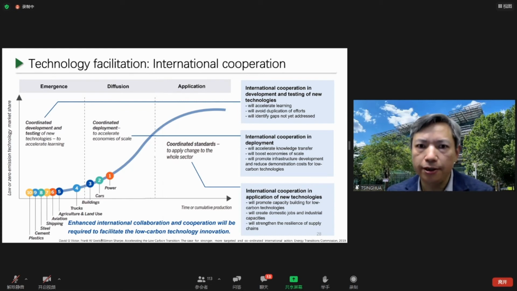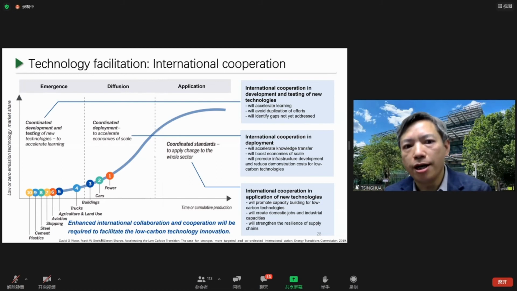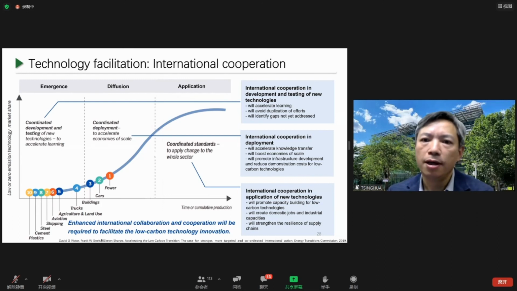When new technologies come into the diffusion phase, international cooperation will accelerate knowledge transfer among countries and also boost the economy of scale through the expanding market in a number of countries.